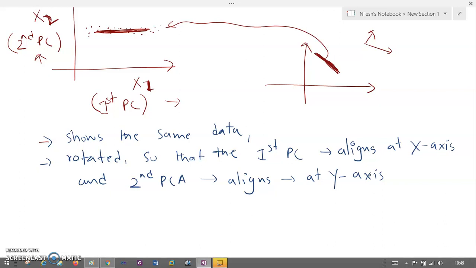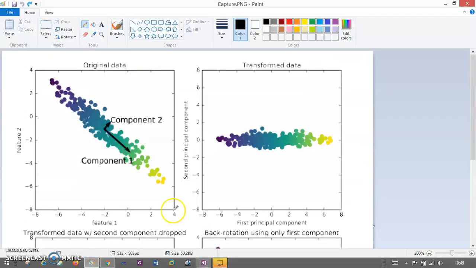Also, I want to show you the original graph. So this is the original figure. You can see I have the original data, and these are the data points, and you can see that PCA gives me the two principal components, component 2 and component 1, and this is my feature 1, by the way, and this is my feature 2. So this is nothing but your x2.